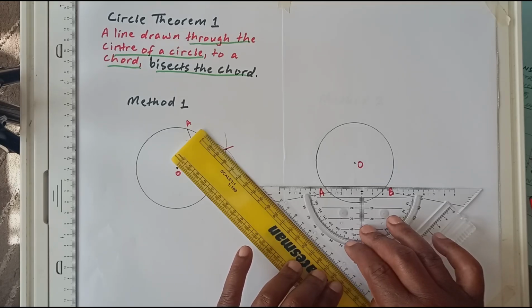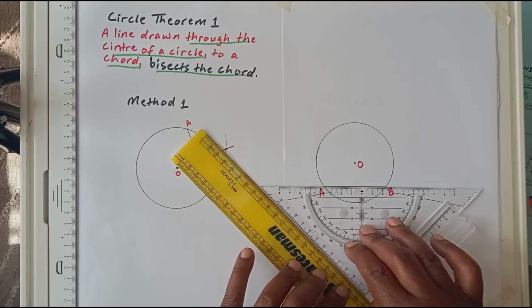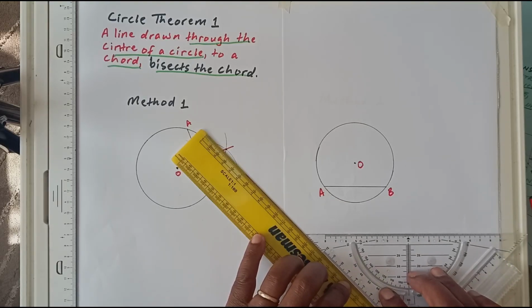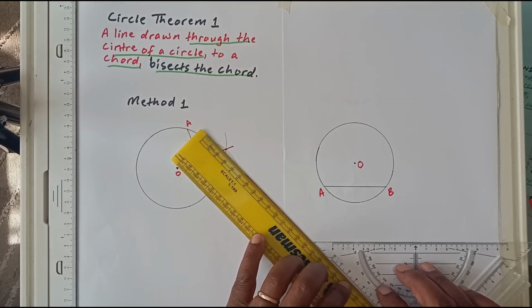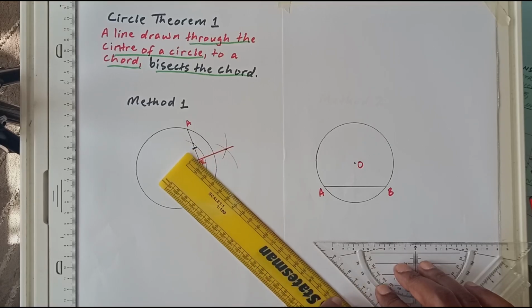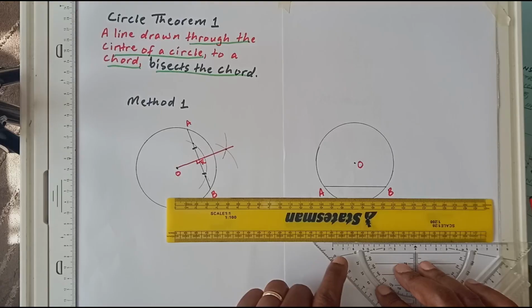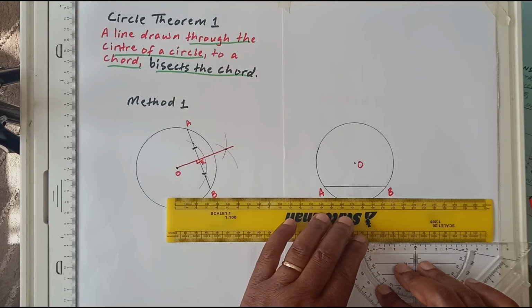When we move one instrument, the other one should remain stationary. It mustn't move even the slightest. If it moves, then we have to start afresh. So I can slide the set square to open up space, which I can use for the ruler. So the set square comes to a stationary point, then I'm free to move the ruler, and they should always be in contact, no space between the ruler and the set square.